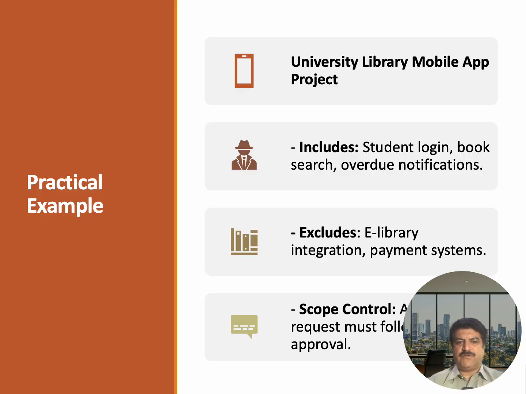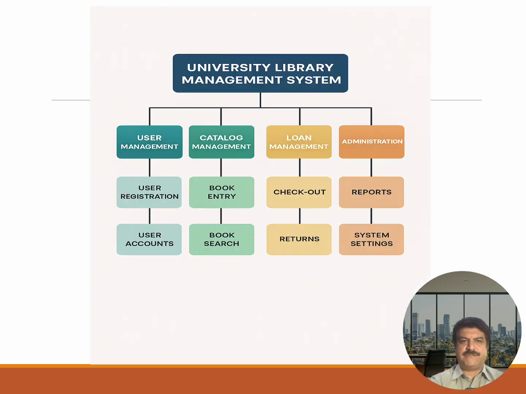And finally, we have to control the scope as well. If any client requests a particular change at a later stage, we must get a formal approval of the changes that will be included in the project.